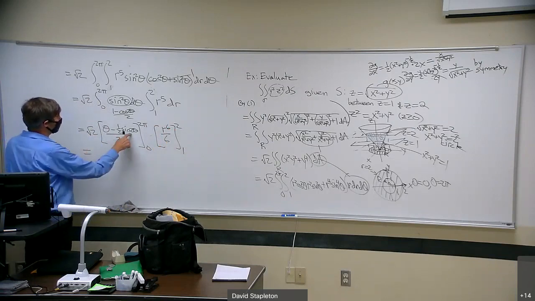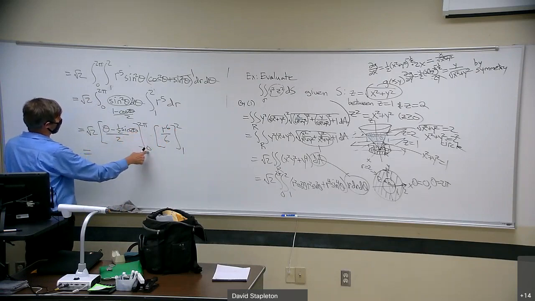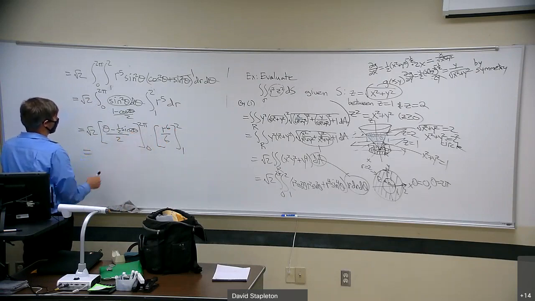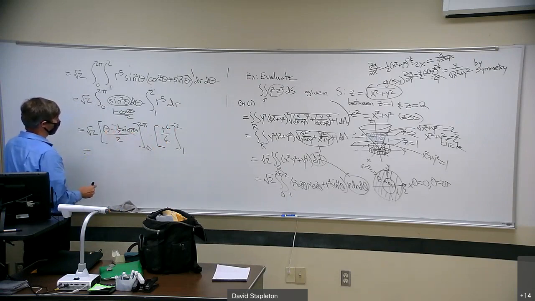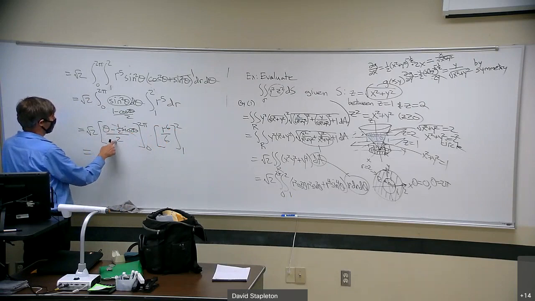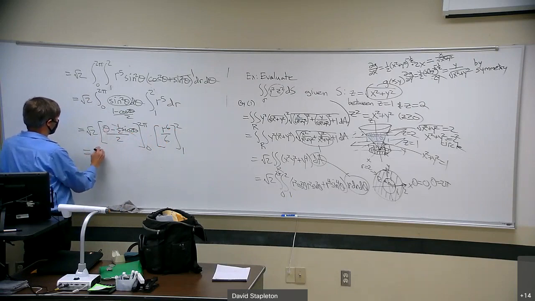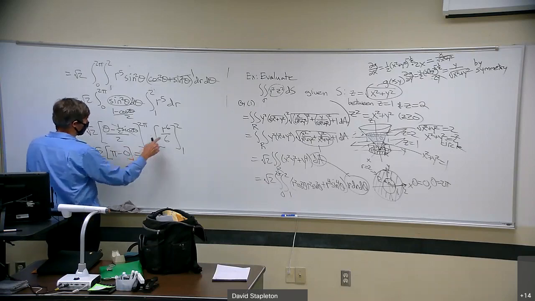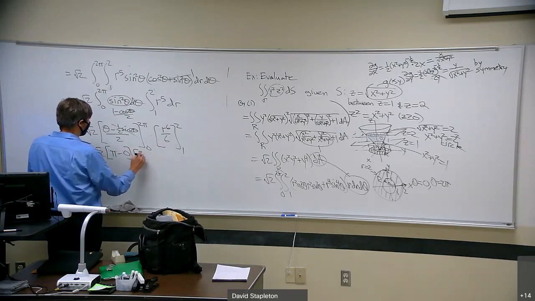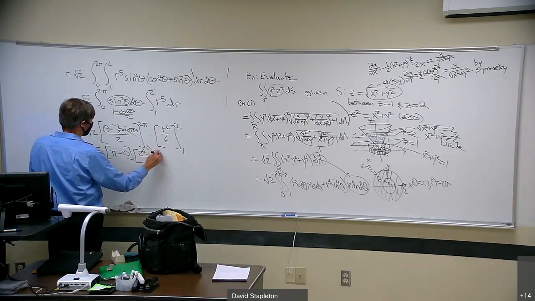All right, well, sine 2 theta at 2 pi and 0 is 0, right? Because it's sine of 4 pi and sine of 0. So this one can be dropped out. So I've got here square root 2 times 2 pi over 2, which is pi, minus 0 from the other endpoint. And then this one is 2 to the sixth minus 1 to the sixth all over 6.